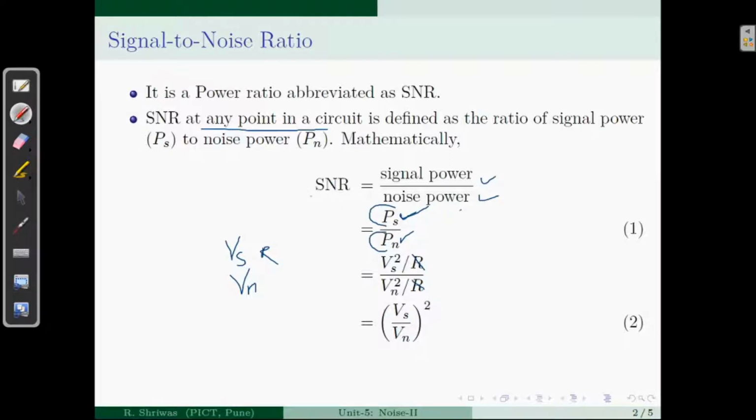So this signal to noise ratio is the power ratio, or you can say this is a voltage squared ratio.